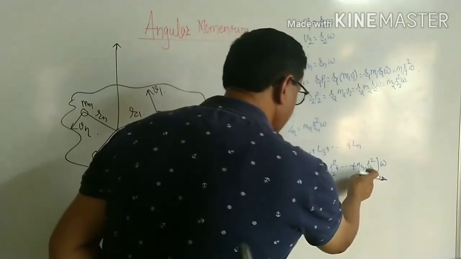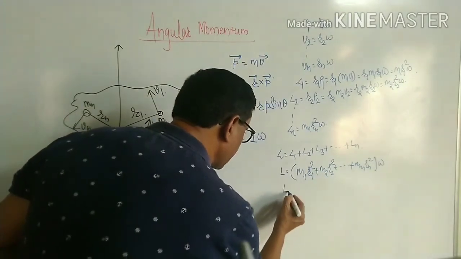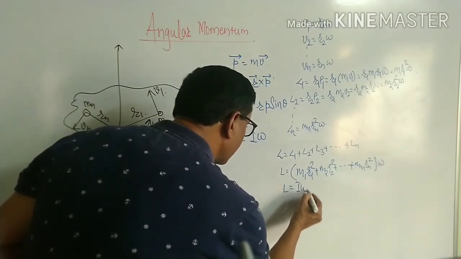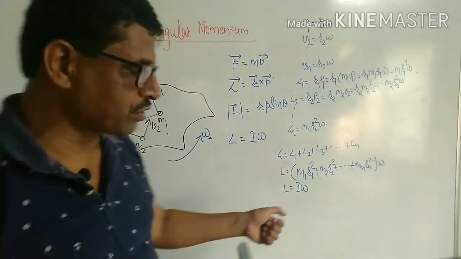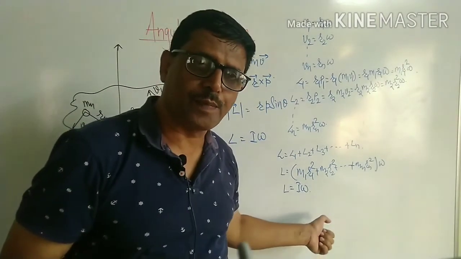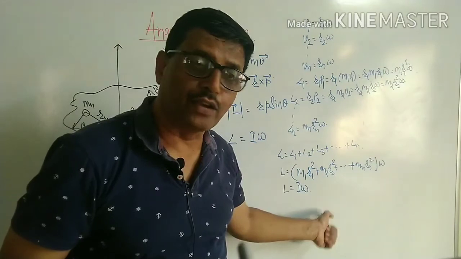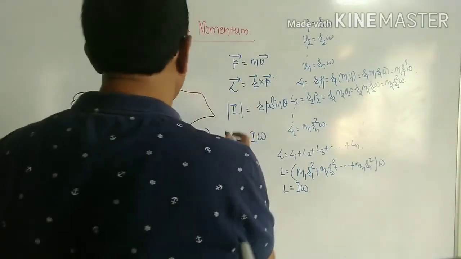The summation in the bracket is nothing but the moment of inertia. Therefore, angular momentum is also the product of moment of inertia and angular velocity.